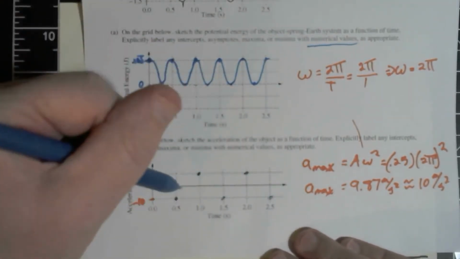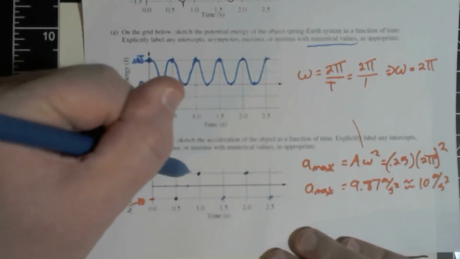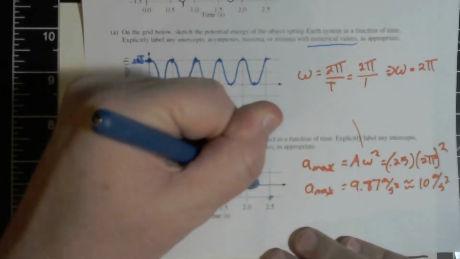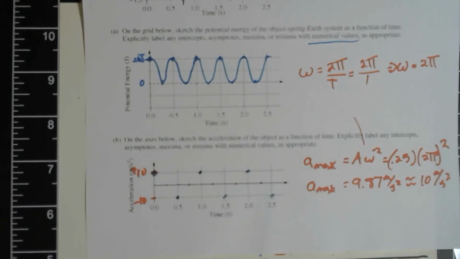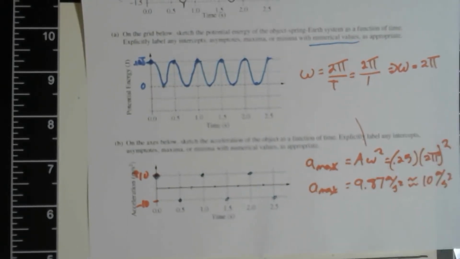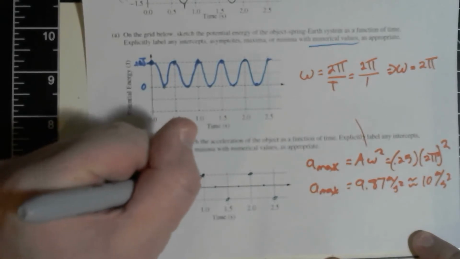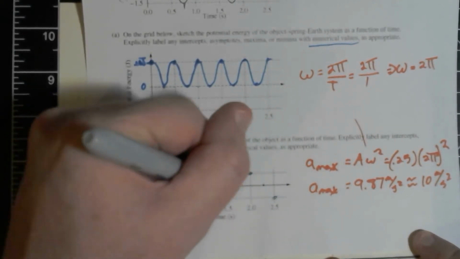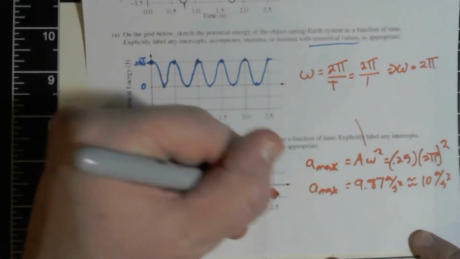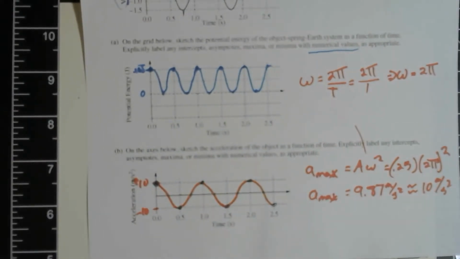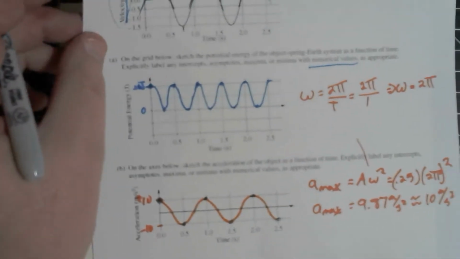And then of course where it crosses the axis is going to be right in the middle at the quarters. And so now whenever I graph the acceleration, I've got a nice smooth cosine shape for the acceleration. Okay, that's for question B.